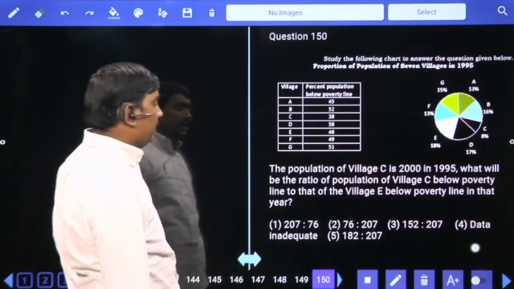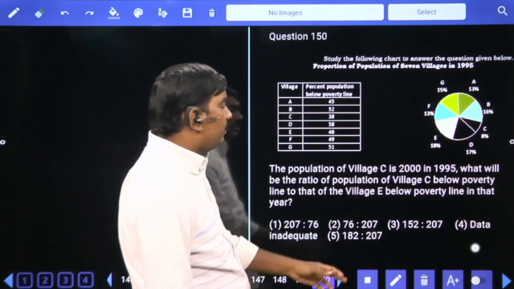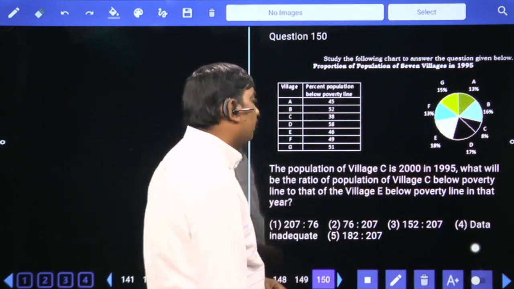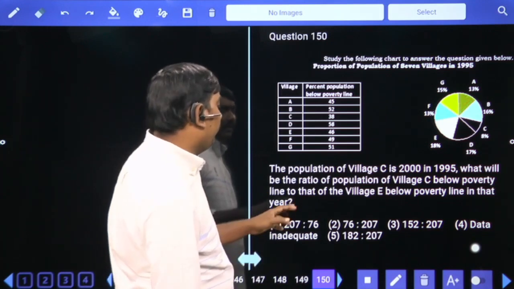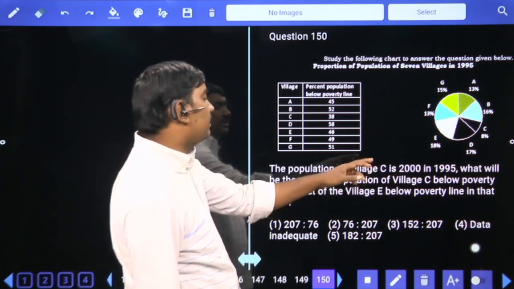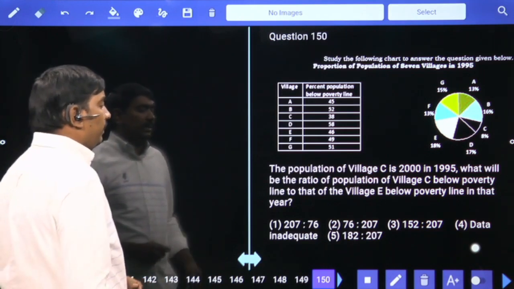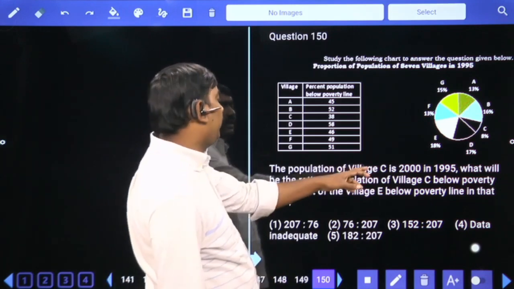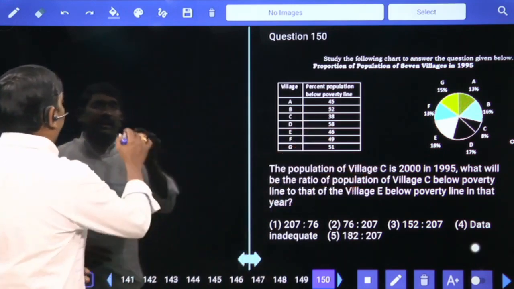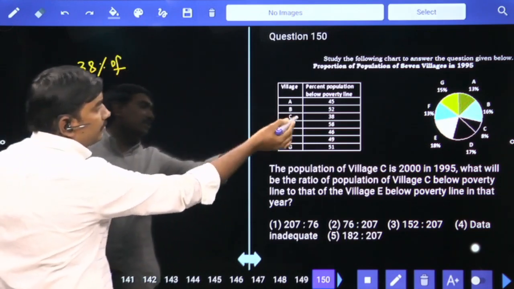The last but not the least one. The population of village C in 1995 is 2000. What will be the ratio of the population of village C below poverty line to that of village E below poverty line in that year? First of all, village C below poverty line, 38% of village C, which belongs to 8%.